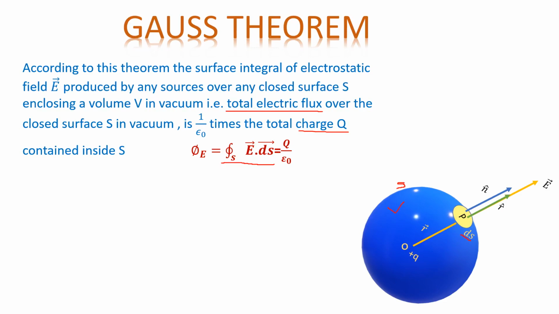This imaginary spherical surface chosen is called Gaussian surface. Gaussian surface is that surface at every point of which the electric field intensity has the same value. It is an imaginary surface chosen.